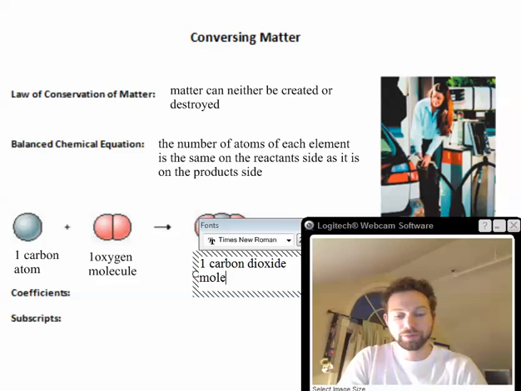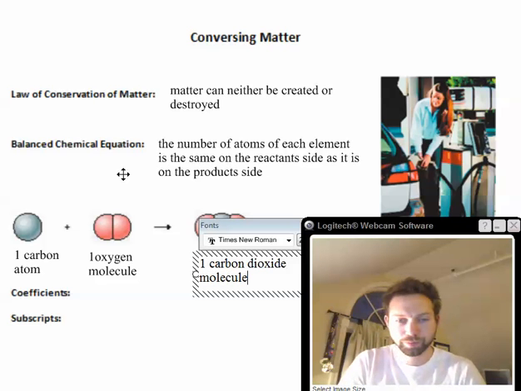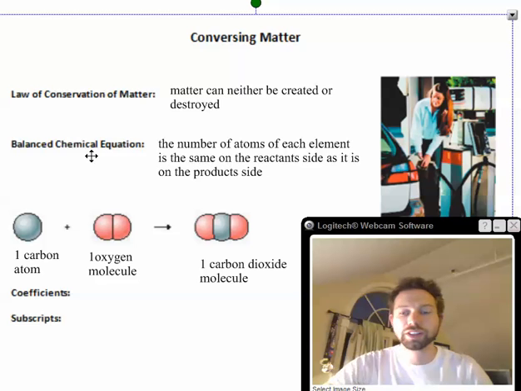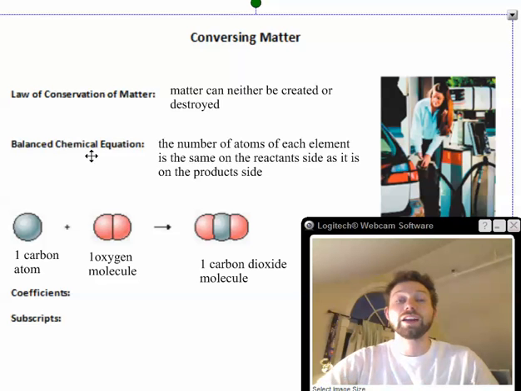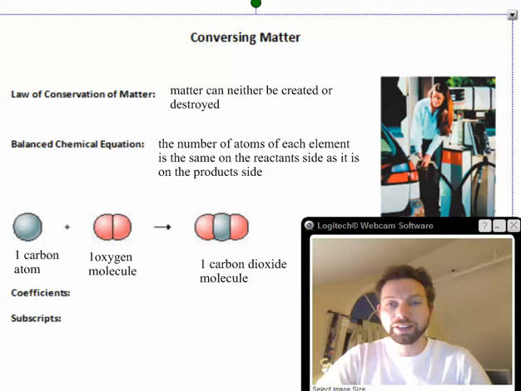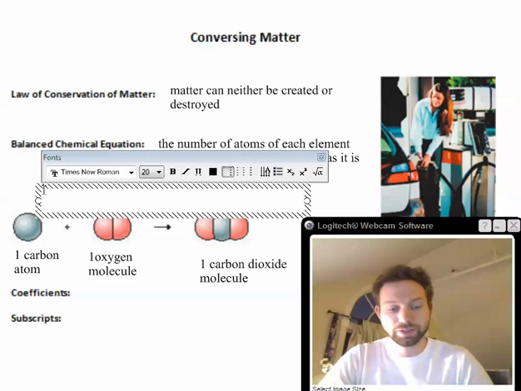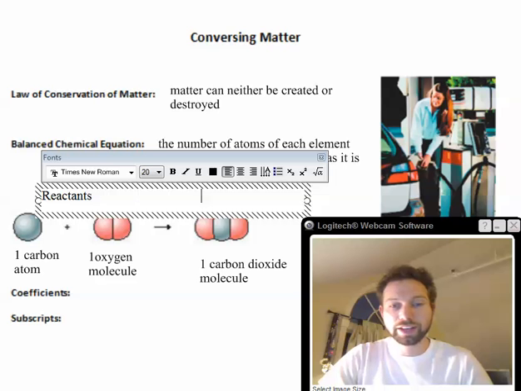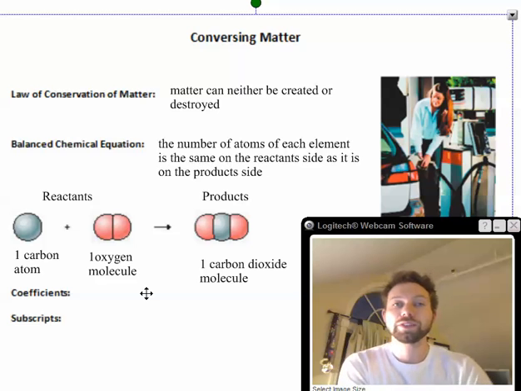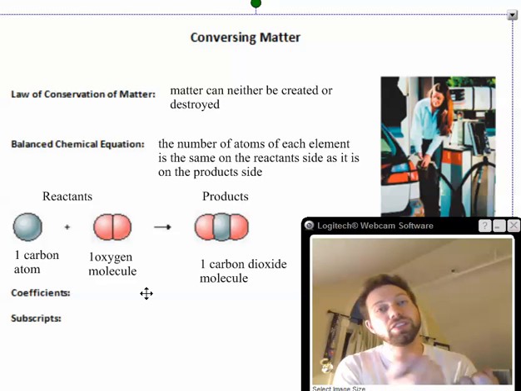Now the importance of this as it connects to the law of conservation of matter is that if you look on the left-hand side, the reactant side, and this is the reactants over here, if you look on that side versus the product side, you'll notice that the number of atoms of each element is conserved.